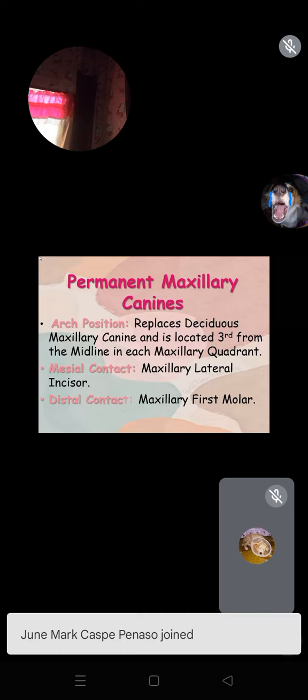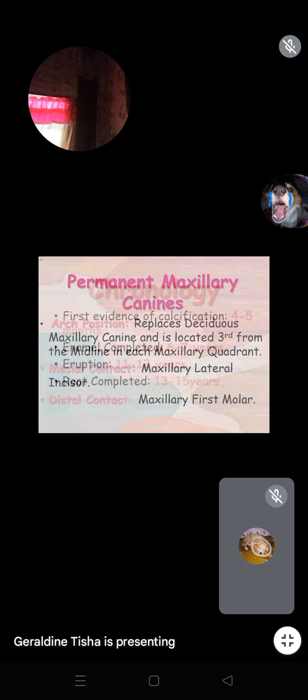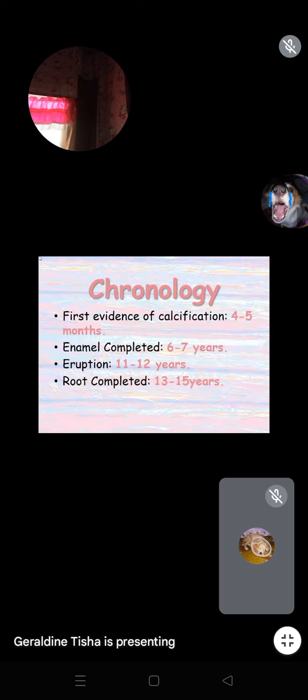For the arch position, the permanent maxillary canine, like the deciduous maxillary canine, is located third from the midline in each maxillary quadrant. The mesial contact is the maxillary lateral incisor. The distal contact is the maxillary first molar. Chronology: first evidence of calcification is about 4 to 5 months.